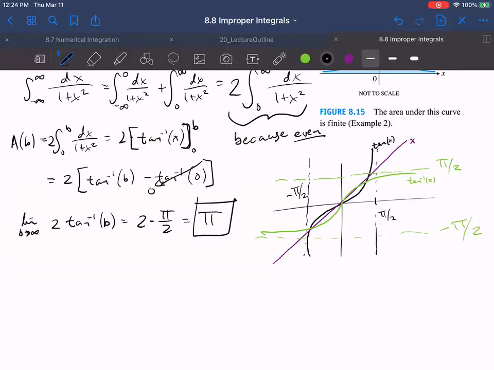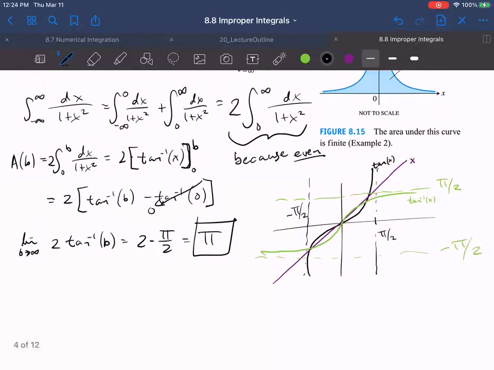Had you done this middle version where we did negative infinity to 0, you would end up with 0 minus negative pi over 2, because the arctangent goes to negative pi over 2. So that one would have been pi over 2 as well, and then it would have just been pi over 2 plus pi over 2. Okay.